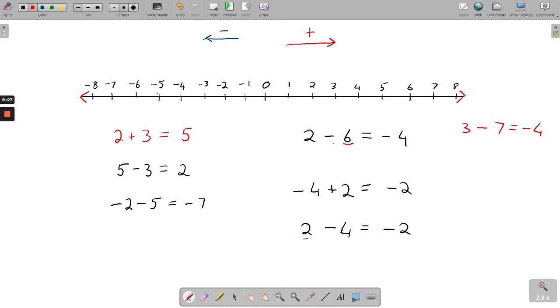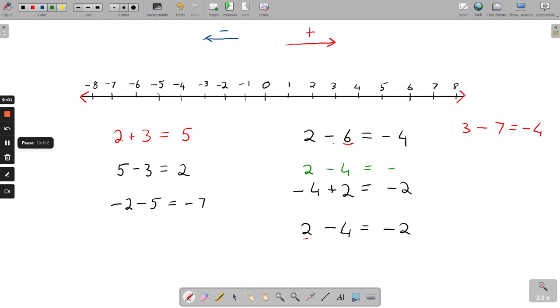Now, if we look at this next example here, it's actually the same as the example we had above. This time you've got a larger digit with a negative number. If you look at this 4 here, 4 is a bigger digit than 2, even though it's a smaller number because it's got the minus on it. But here, it's just like we reversed the order of these. I'm going to write this in a different pen above. This would be the exact same thing as if I'd said 2 minus 4.